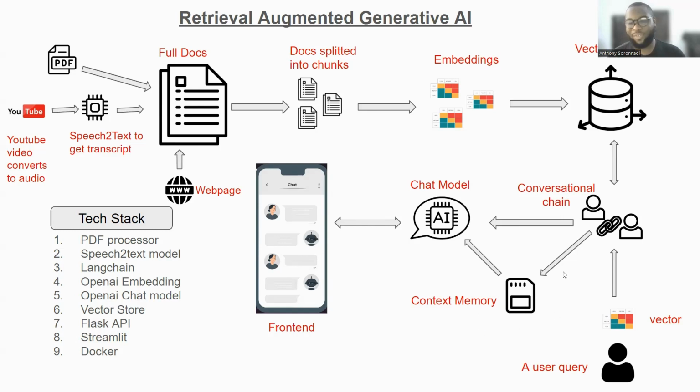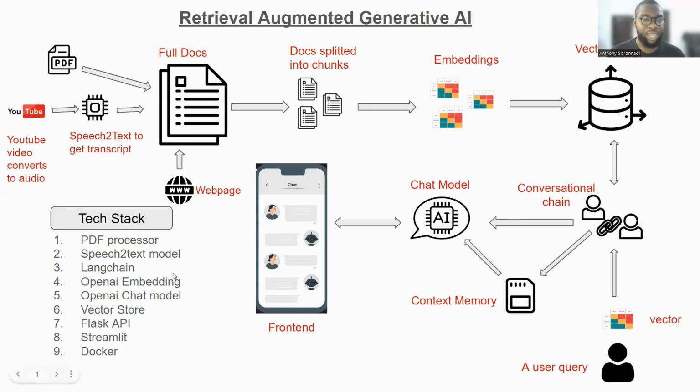It knows that I'm referring to Anthony, based on the conversation that we had before, the history. So you're not going to say, what does Anthony do? You can say, what does he do? It understands the context based on the memory it has about the conversation. That's what this memory does.